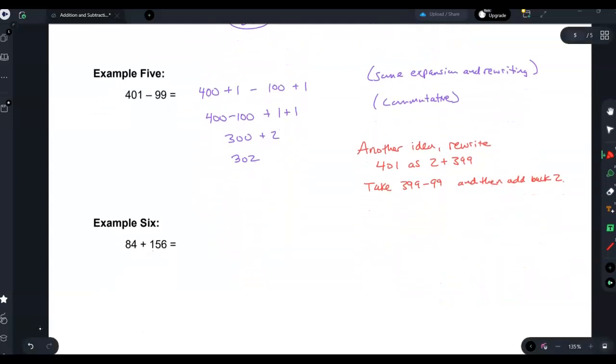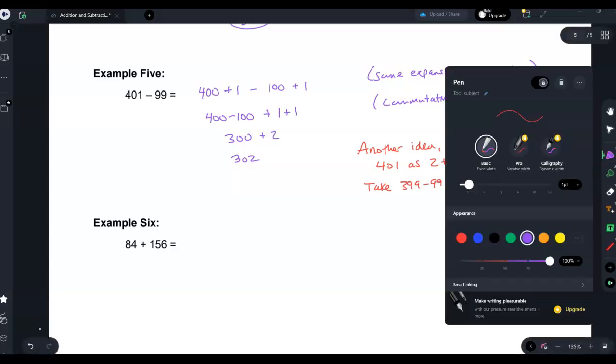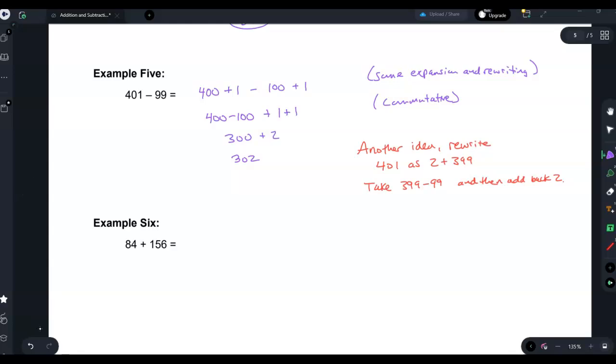Let's do one more. 85 plus 156, or I'm sorry, 84 plus 156. So lots of ways we could do this. One thing I might do is just maybe split it up, do some expansion. Maybe split up the 80 from the 4. That's maybe like using the make 10 actually, right?